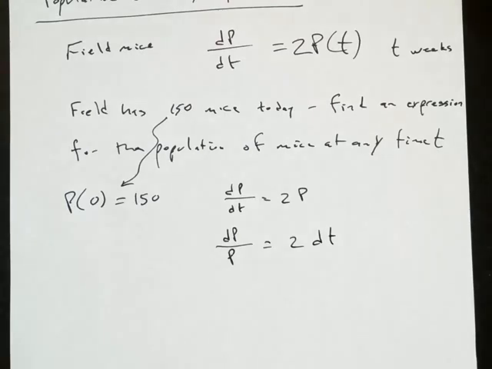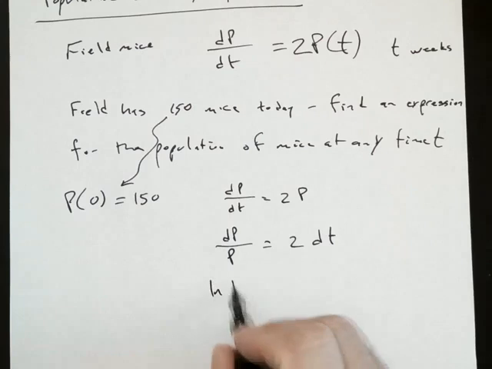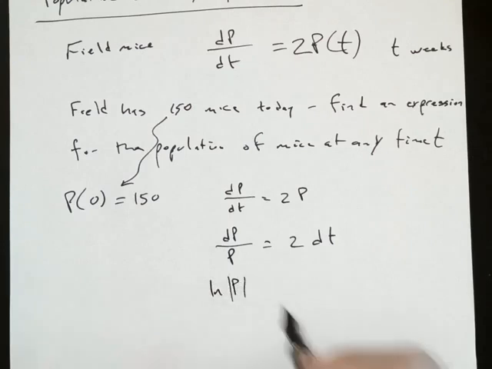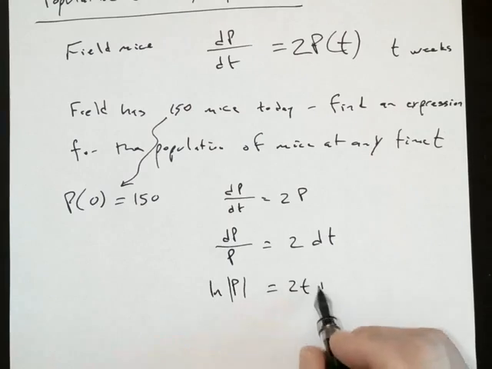And now, to do separable equations, I separate and integrate both sides. It's the integral on the left, the natural log of the absolute value of p, and on the right, 2t plus c on the right side. Great.